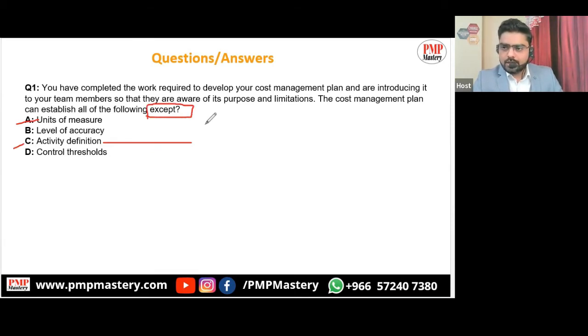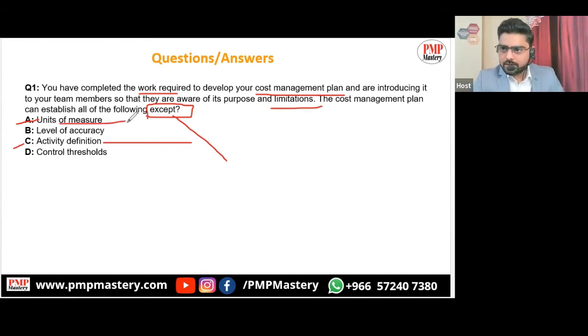If you read this question, guys, you have completed the work required to develop your cost management plan. It is talking about the cost management plan and introducing it to your team members so that they are aware of its purpose and limitations. The cost management plan can establish all of the following except, that is what we have to pay attention to here.